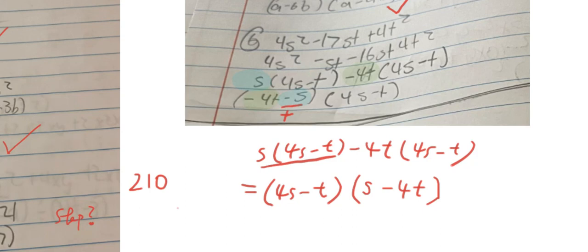So you see that this green color term is 4x minus t, but here it is positive, so this one should be a positive to get this blue color term to match, while the green color term is the same.